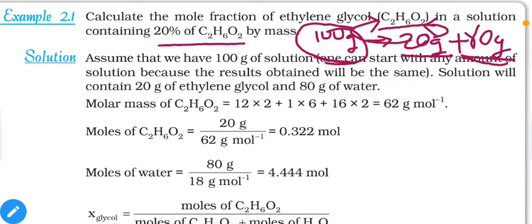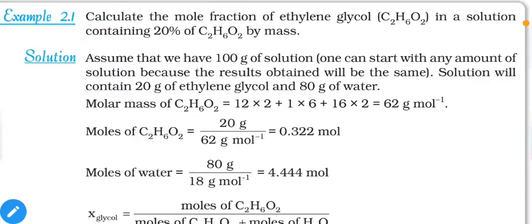We used 100 because it is easy to calculate. If 100 grams is equal to 100%, then the percentage of the given compound directly represents the mass of that compound. That's why we used 100 grams. You can use any other value, but it will slightly increase the complications in calculation, so we are choosing the simplest figure, which is easiest to calculate.